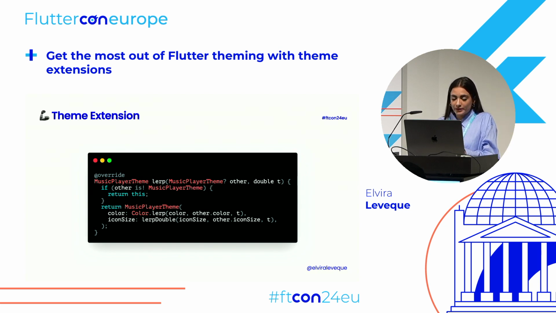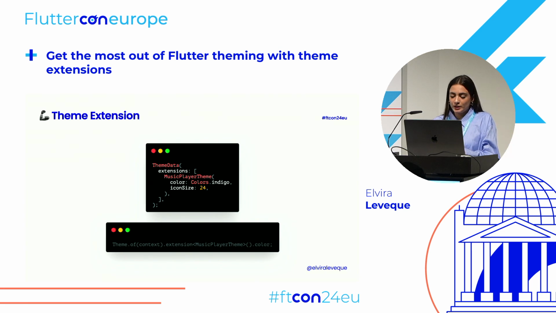Okay, we are all set now. We can consume our theme. And first, we provide our extension to the theme data together with its configurations. And then, through this line of code, we can access the extensions and its properties. Now, the problem with this is that it is kind of a long line of code, I would say.